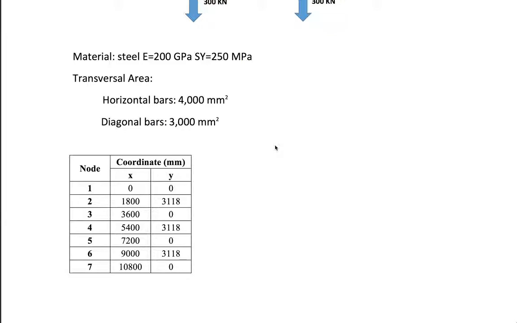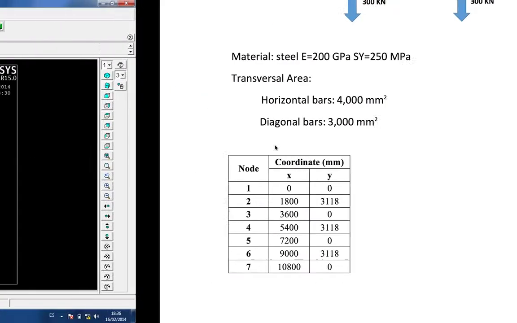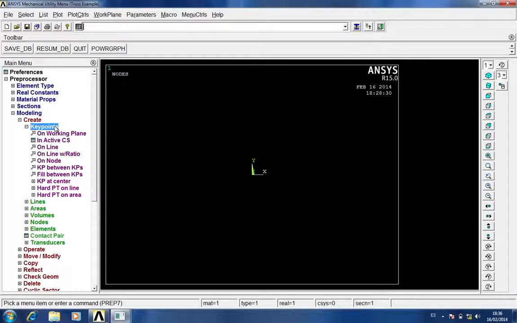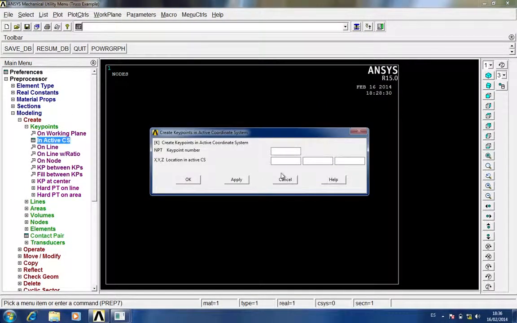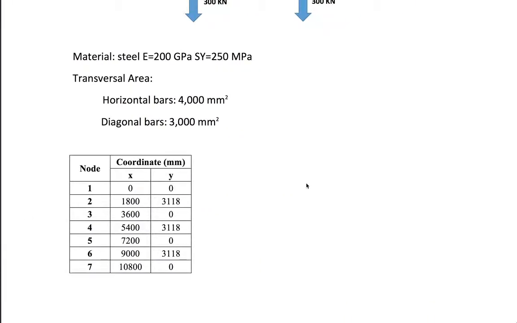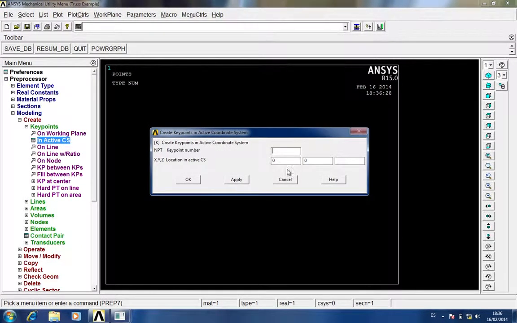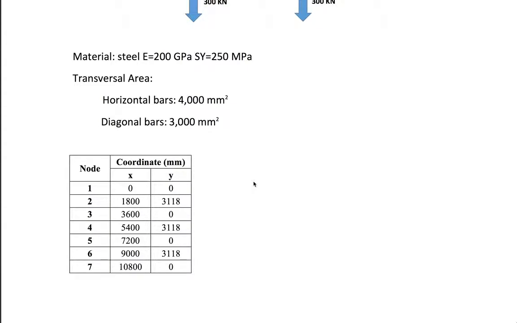So first of all, for node 1, we're going to create key points in Active CS. We don't need to define what the key point number is. Ansys does it by itself. So the first one is 0, 0, and we click apply. Then 1800, 3118. We click apply. Then 3600, 0.